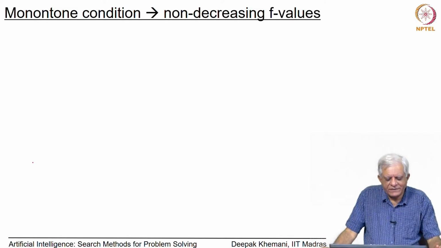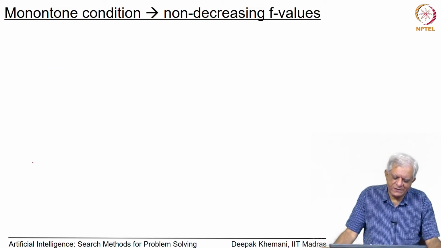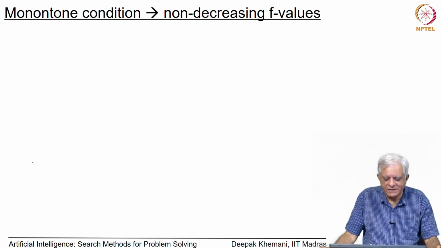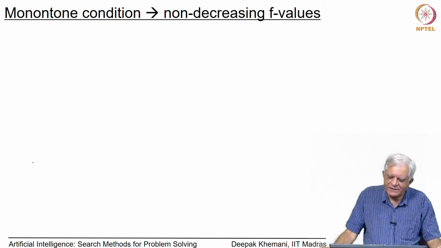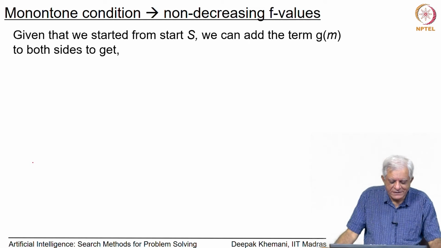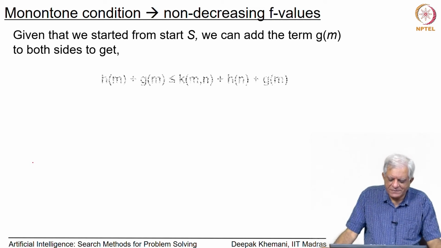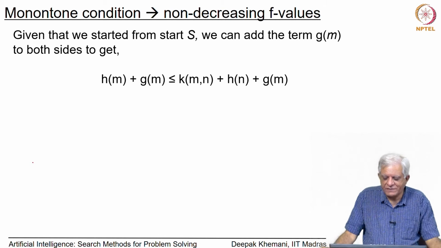So, the first thing that we can observe is that if this monotone condition or the monotone property or the consistency condition or the consistency property is true, then as we move towards a goal, we see non decreasing f values. Let us see how that happens. So, given that we started from some start node s, we have the values g of m, which is the cost of coming from s to m.